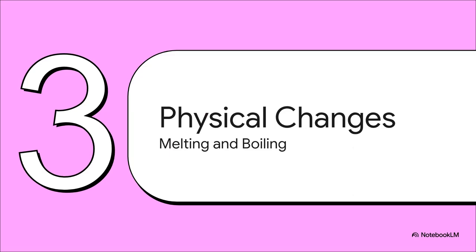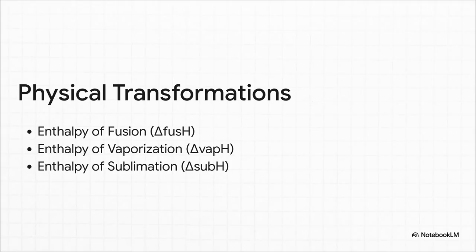So let's see how this concept actually works in the real world, starting with some simple physical changes. Like stuff changing from a solid to a liquid, or a liquid to a gas. We can measure the enthalpy change for three of these key transformations. There's fusion, which is just a fancy word for melting, vaporization, which, you guessed it, is boiling, and sublimation, which is that weird one where a solid turns directly into a gas.